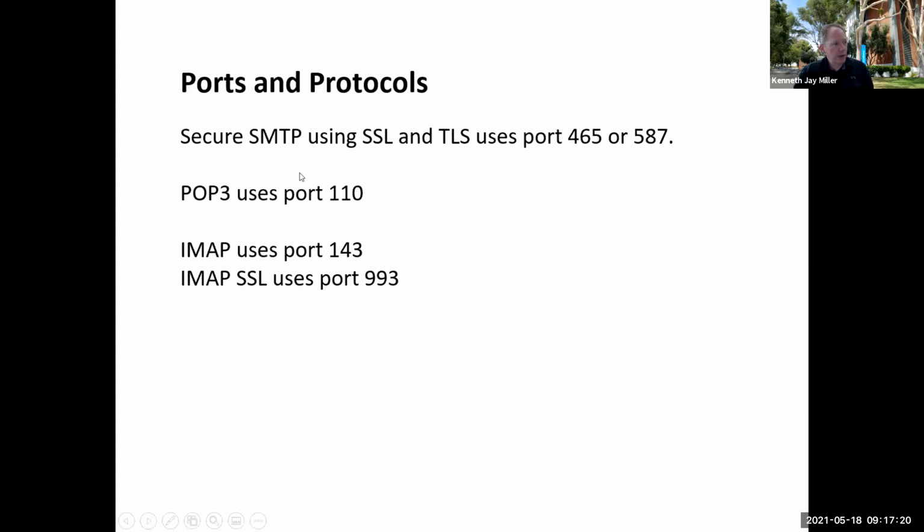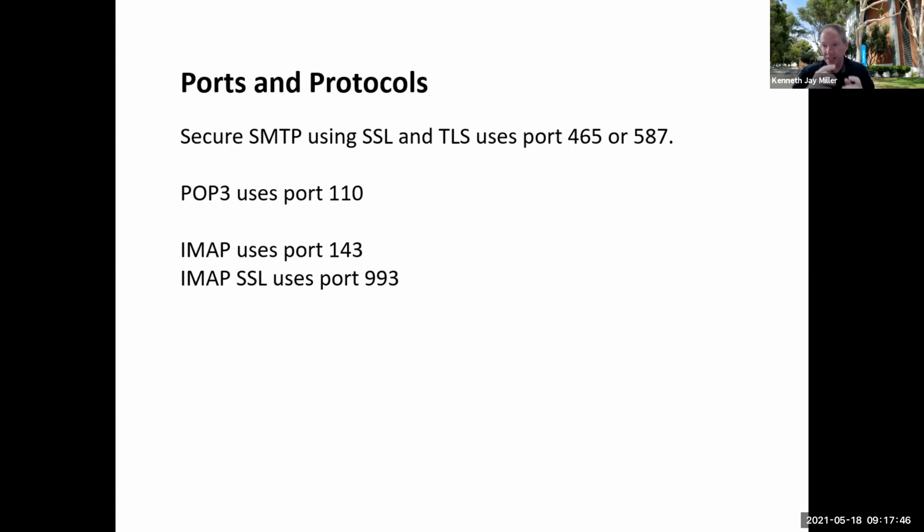Okay, another protocol that we can use is secure SMTP, which uses SSL and TLS encryption. Now, with the encryption, it's not anonymous, or it cannot be sent without it being signed on both ends.